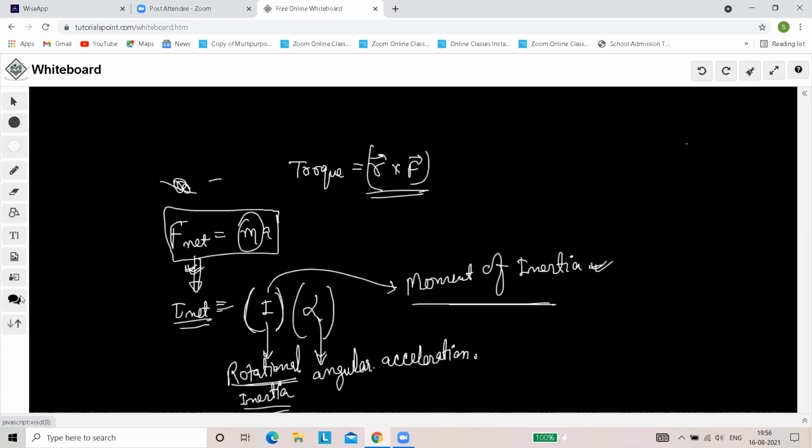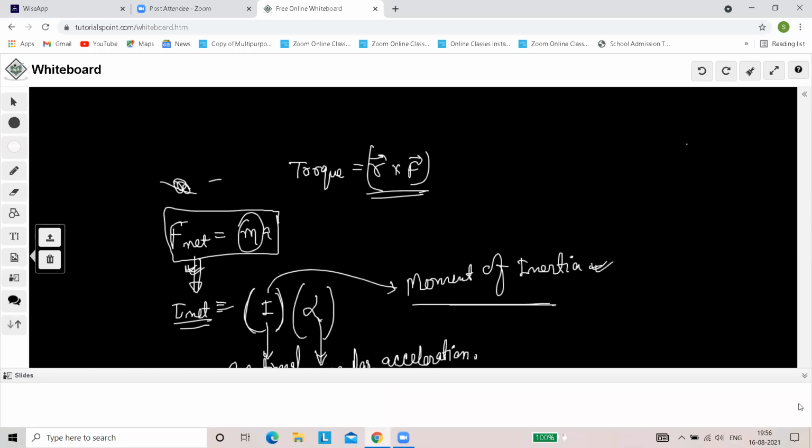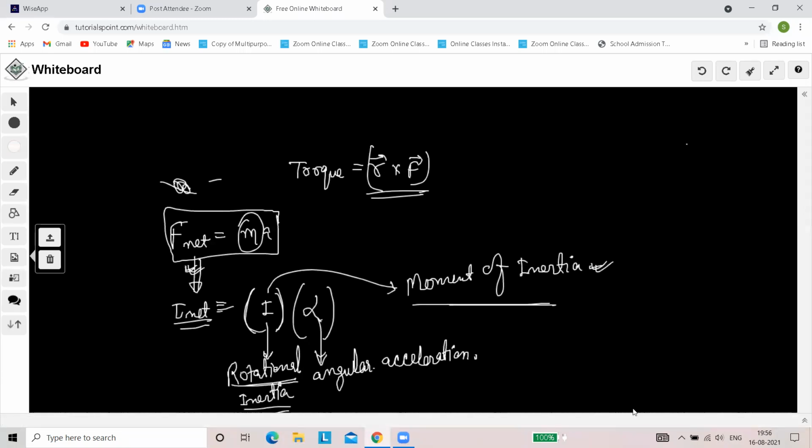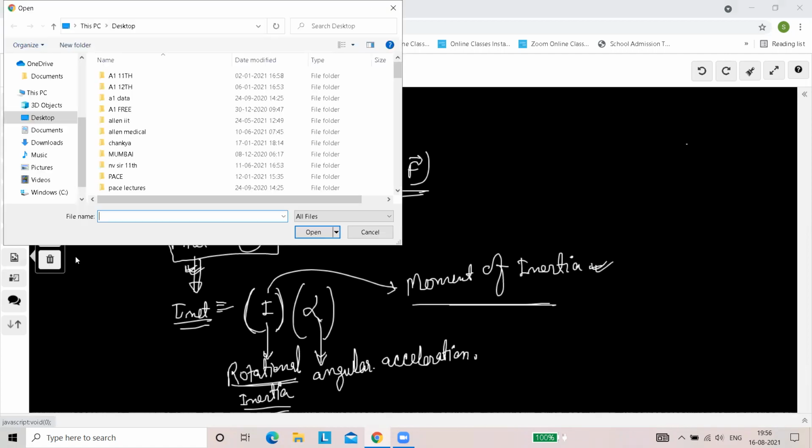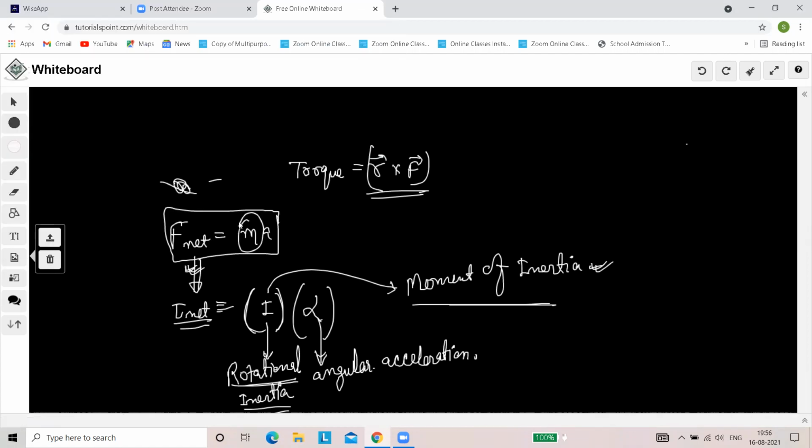We can go to the next page. Actually, this whiteboard is very, very good. Many of my colleagues are using this whiteboard, and they recommended it to me today. I am not getting where is the option of going to the next page.